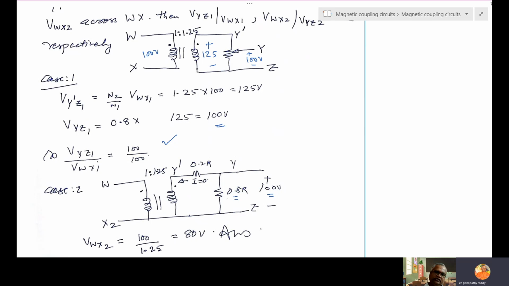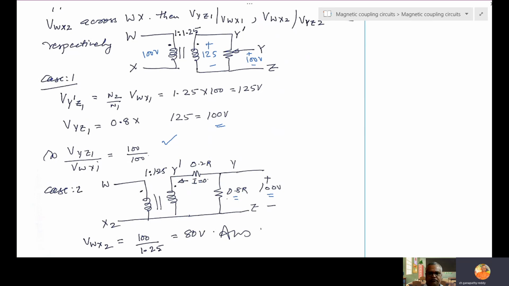Now, when this voltage is applied, it is like the primary open transformer principle. When primary is open, what is the current here also? 0. Any transformer, assume voltage is applied in the primary, secondary not loaded.